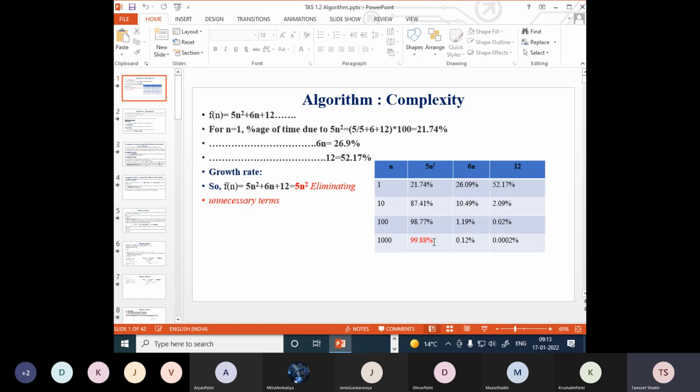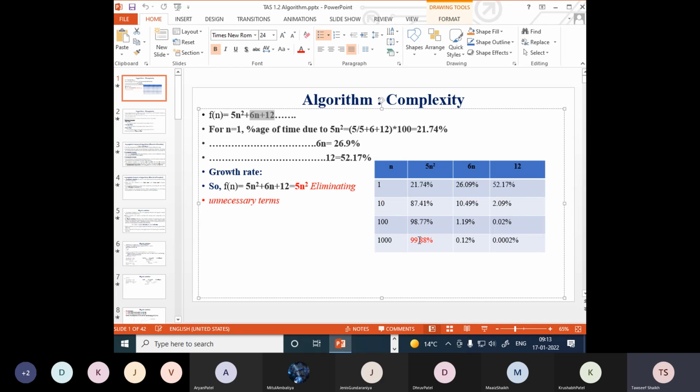So if we go for approximate calculations, we can say that this function f of n is equal to 5n square plus 6n plus 12. Since this 6n plus 12 takes only some small percentage of CPU, we can eliminate those terms.